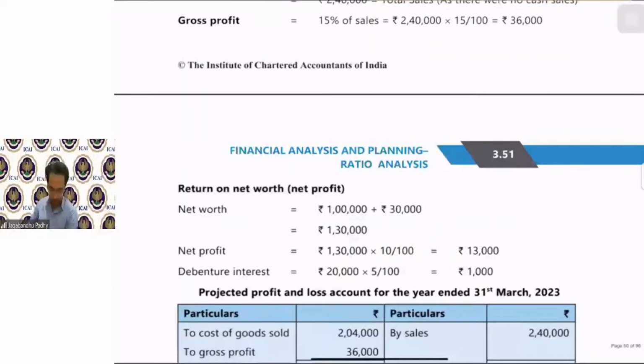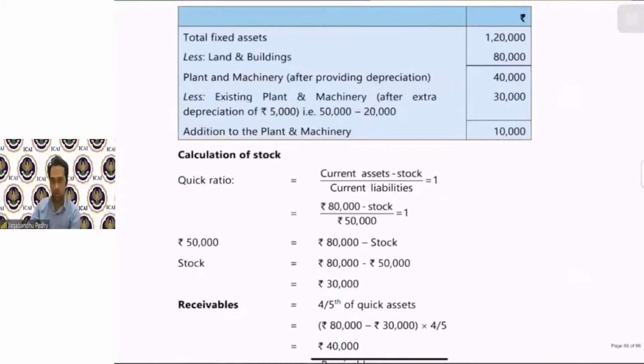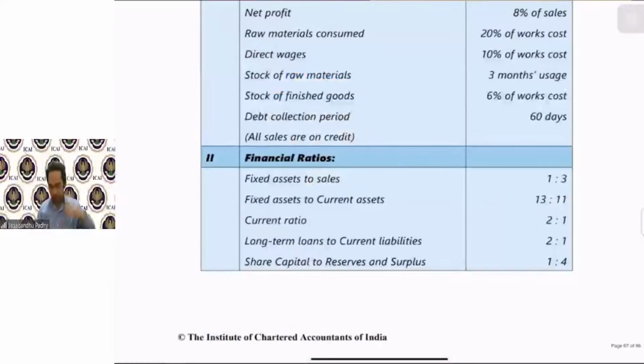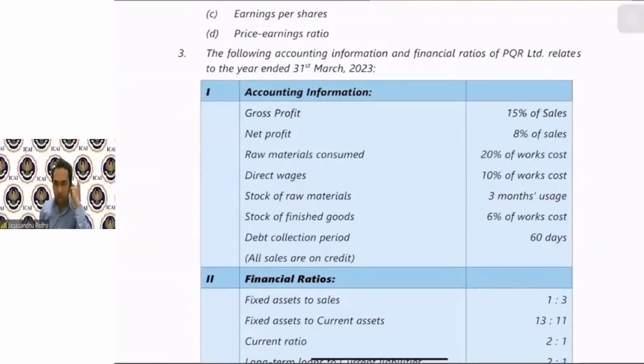So let us take certain questions from the practical problems. We'll be solving a few questions, and the other questions I will require you to solve later at your own pace at home. And then if there are any issues, you can definitely highlight the same in the revision class.